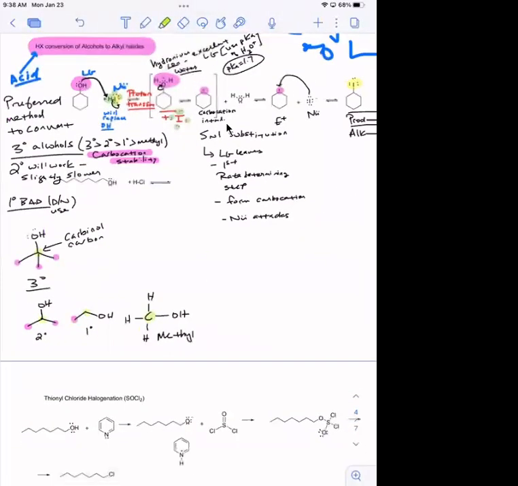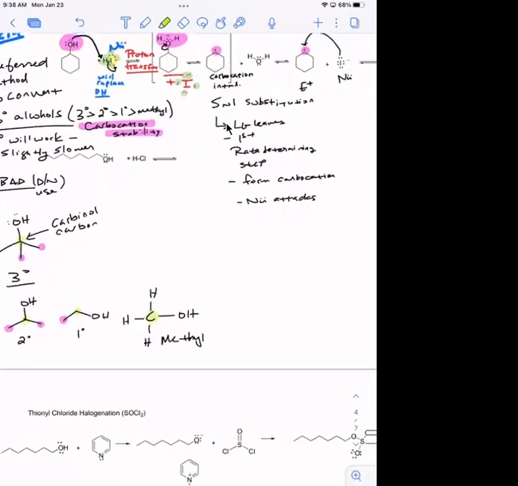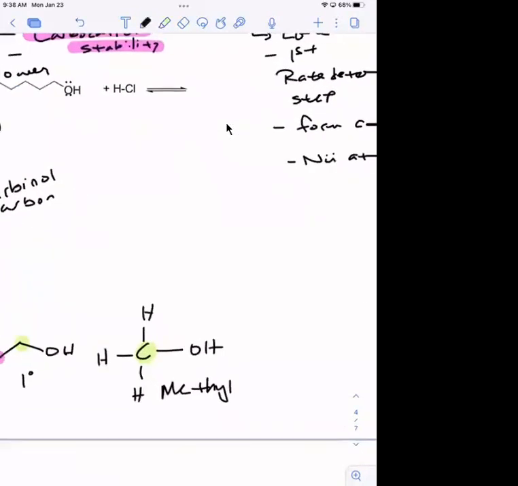All right, so when we talk about tertiary, secondary, and primary, this is what we're talking about: how the alcohol itself is substituted. And I'll put that as a subheading down here.